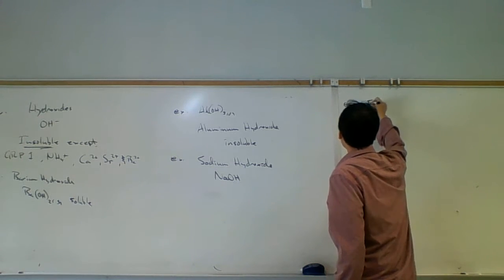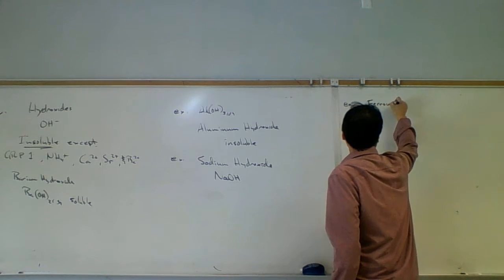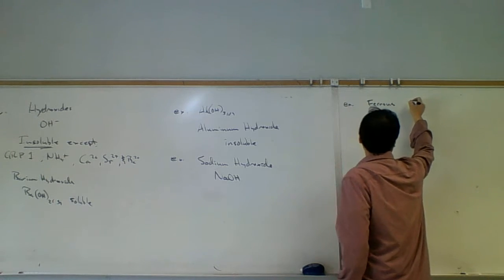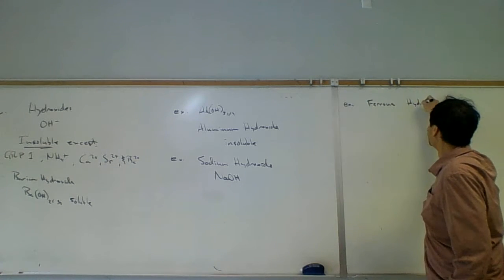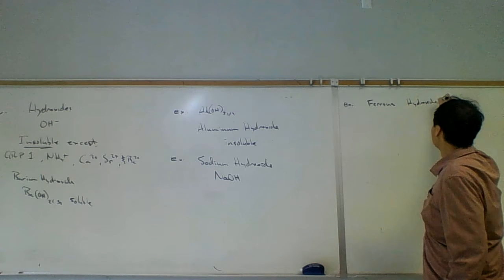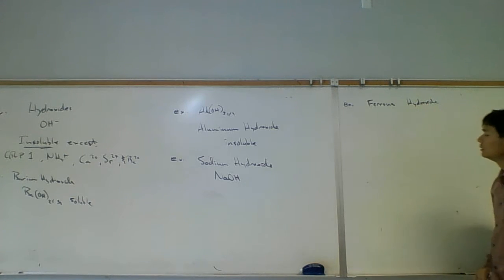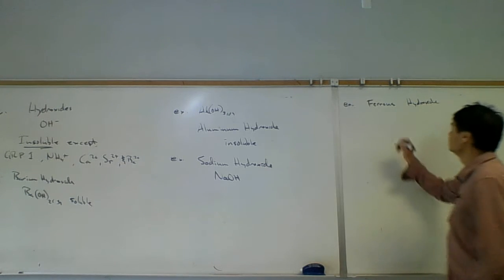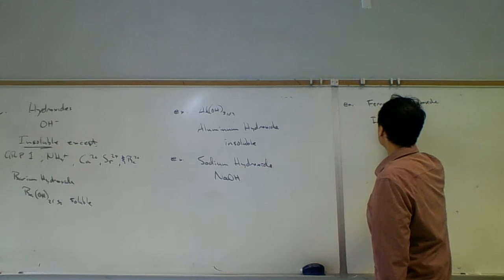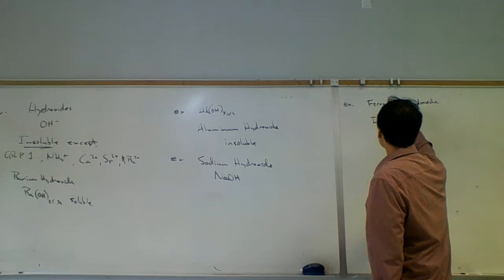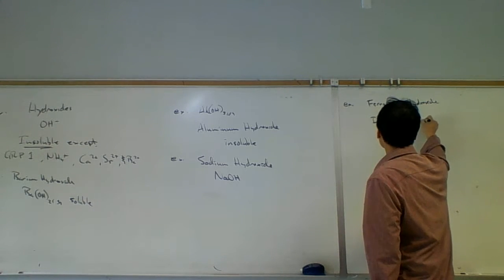We have this one, ferrous hydroxide. Ferrous hydroxide, this is kind of an awkward name. It would probably be more appropriate to call it by its modern name, which would be iron 2 hydroxide.